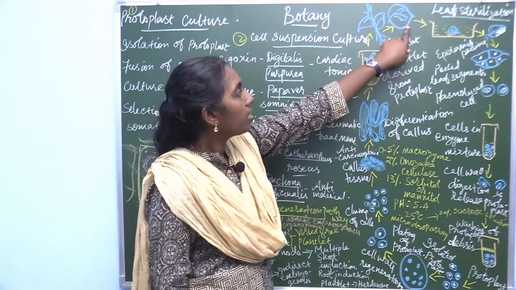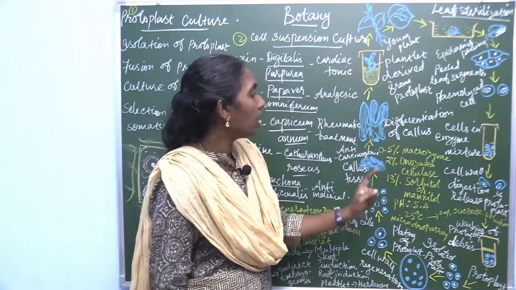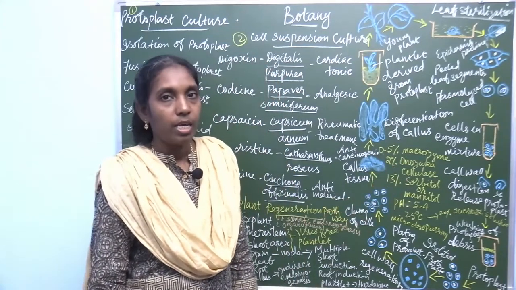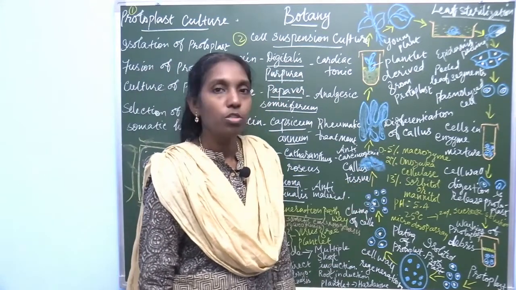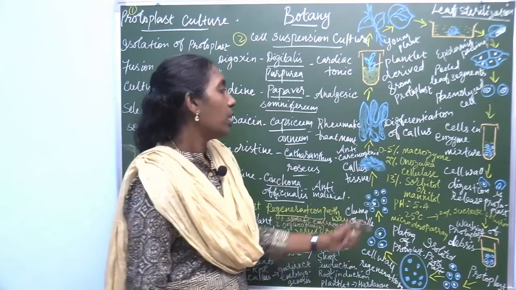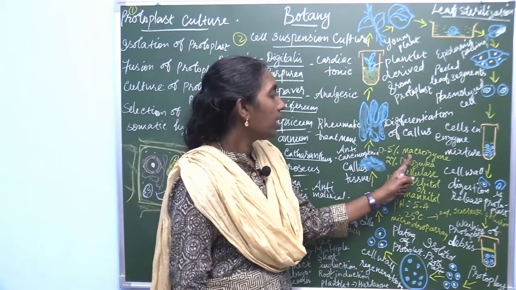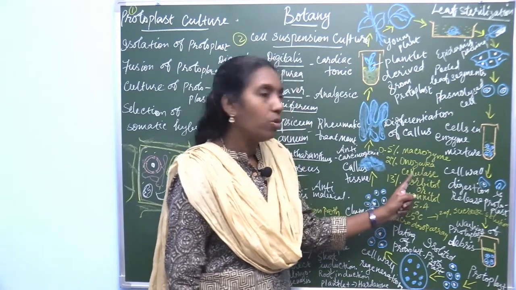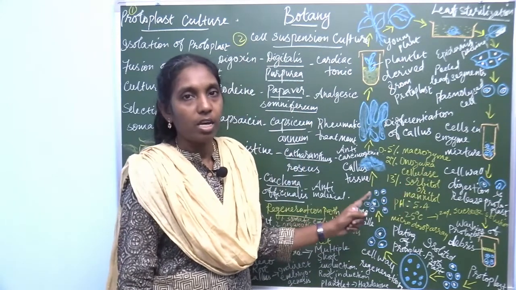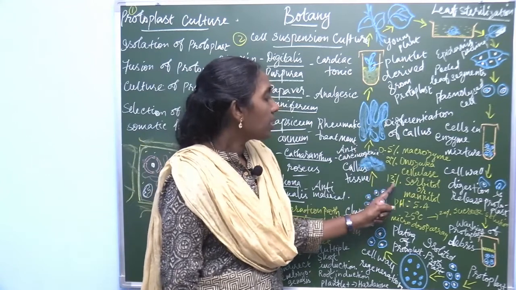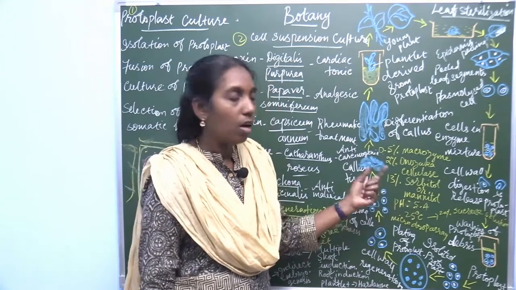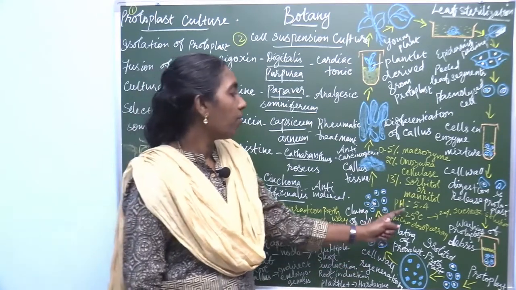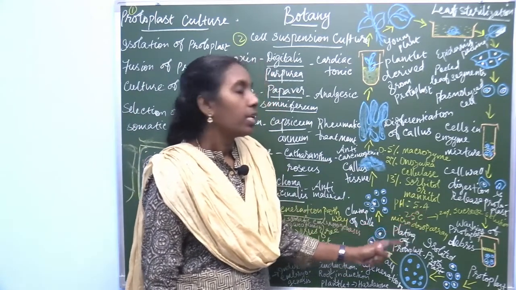So, this selected leaf is immersed in 0.5% macrozyme. The enzymes are important, 2 mark and 3 mark questions will be asked. 0.5% of macrozyme, 2% of Onozuka cellulase enzyme, cellulase, and 13% of either sorbitol or mannitol, and the pH maintained at 5.4.